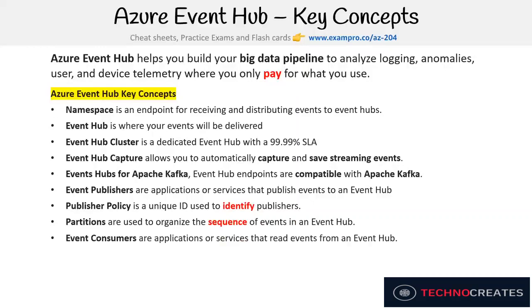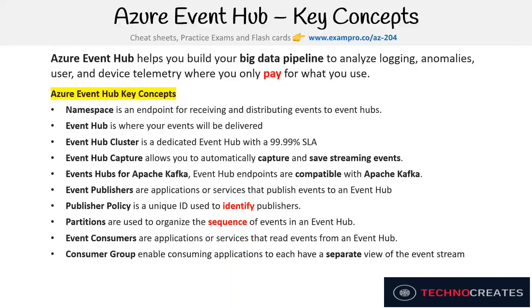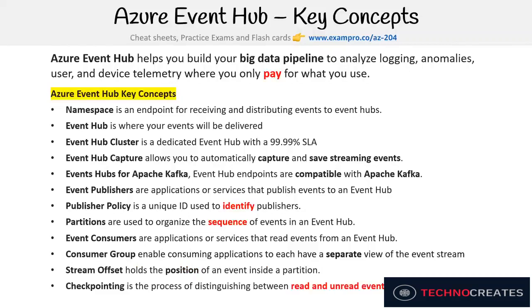Event Consumers are applications or services that read events from Event Hub. Consumer Group, which enable consuming applications to each have a separate view of the event stream. Stream Offset, which holds the position of an event inside a partition. Checkpointing is the process of distinguishing between read and unread events, but let's go look at these all in more detail.